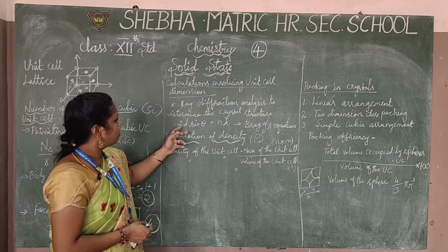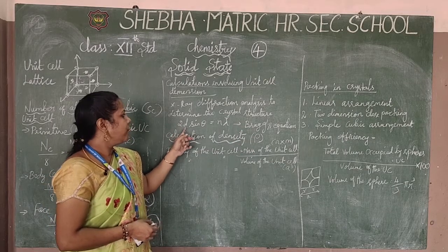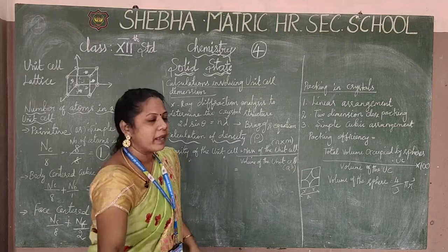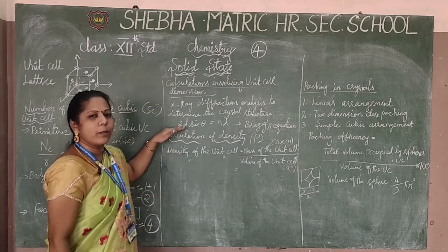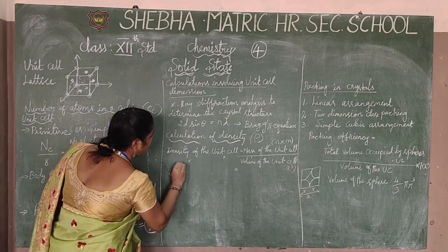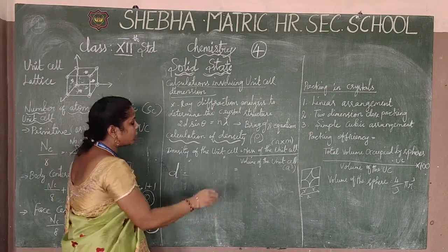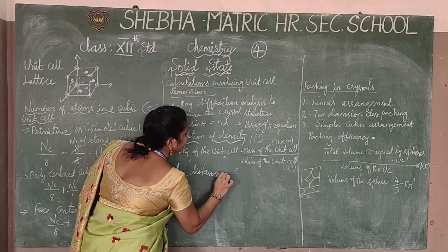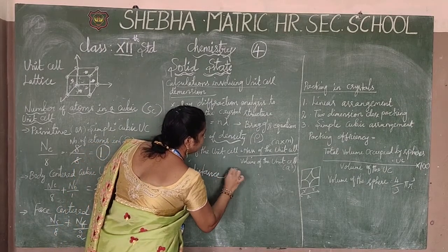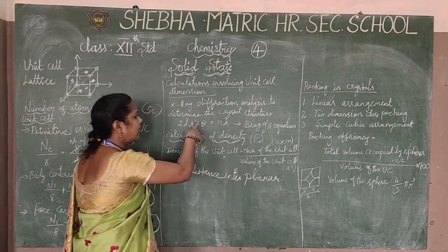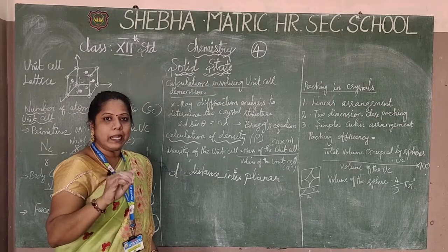I am going to revise again. 2d sin theta is equal to n lambda, that is Bragg's equation. I am going to explain the terms of this equation. d is the distance of the interplanar spacing.